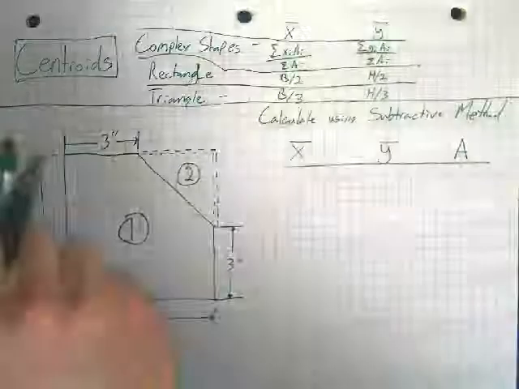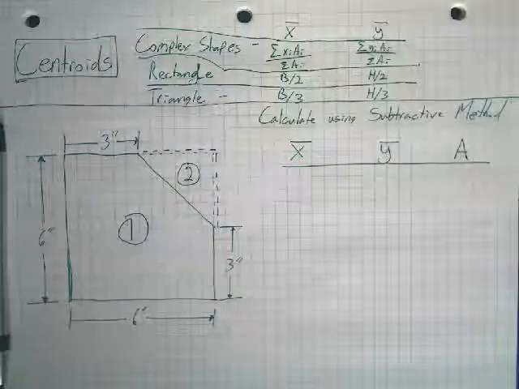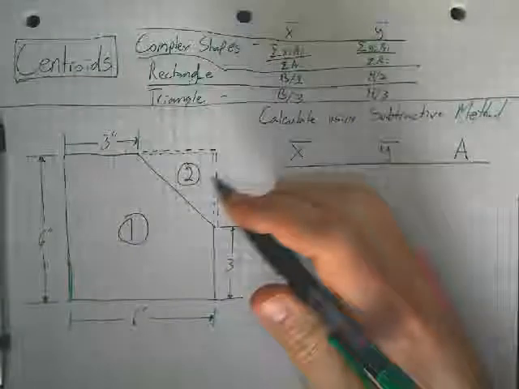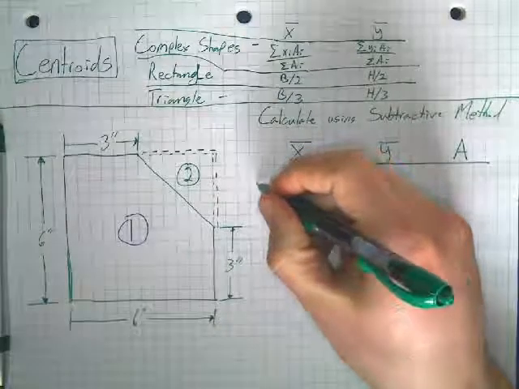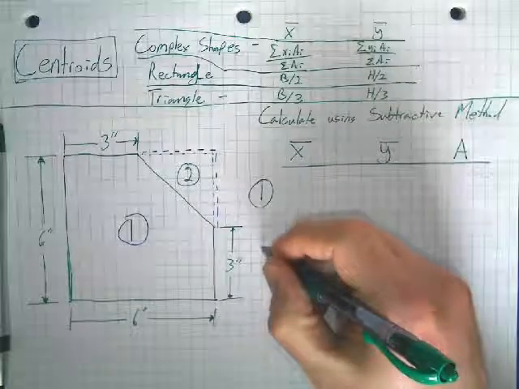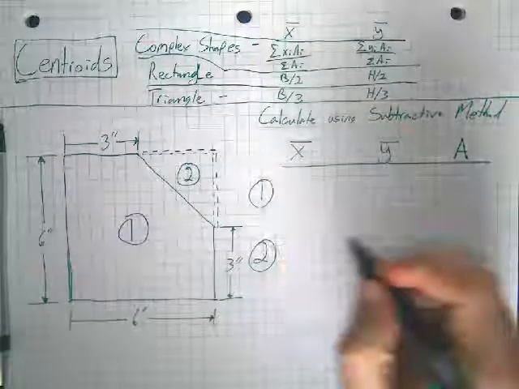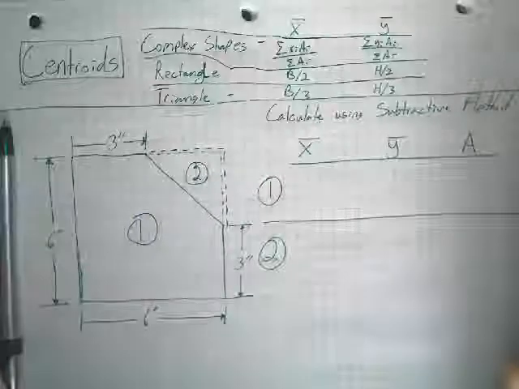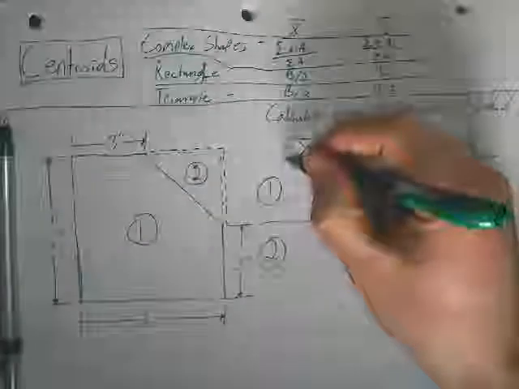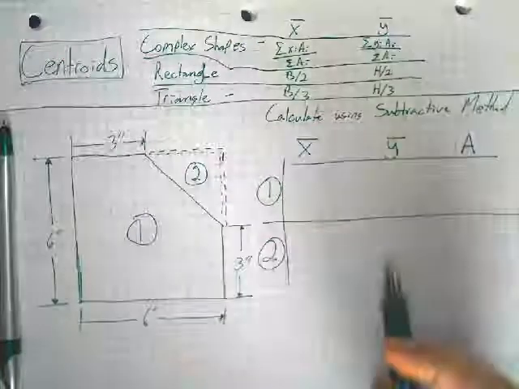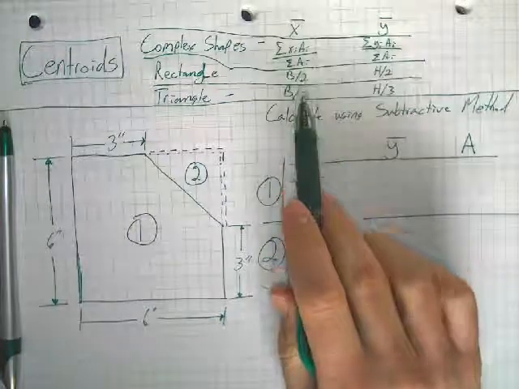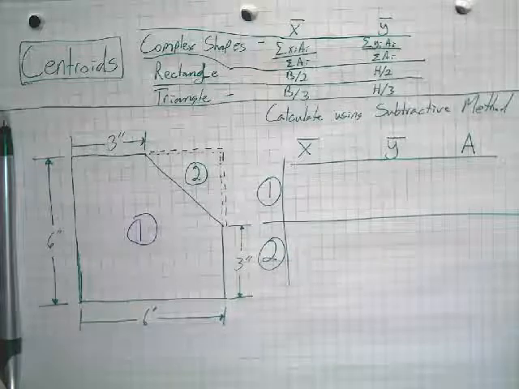Now my calculations get a little bit simpler. I just have to remember to use negative areas. I've got my calculations up there for a complex shape, for a rectangle, and for a triangle, so we can just dive right in.